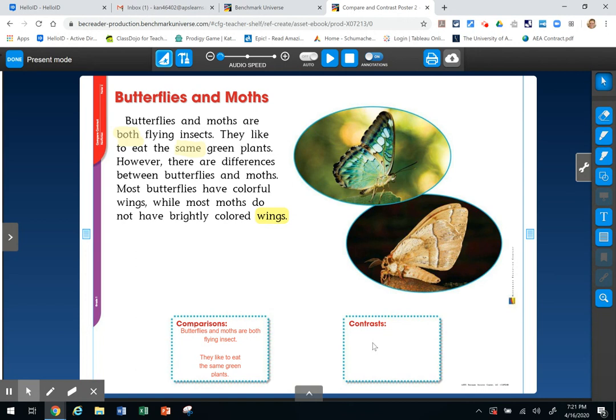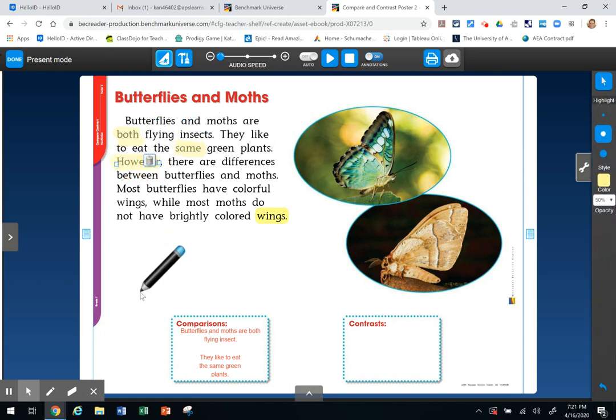Okay, so how are these two insects different? Okay, so it says, however, there are differences between butterflies and moths. Most butterflies have colorful wings, while most moths do not have colorful wings. Okay, so here's some more signal words. Okay, the word however is a signal word.